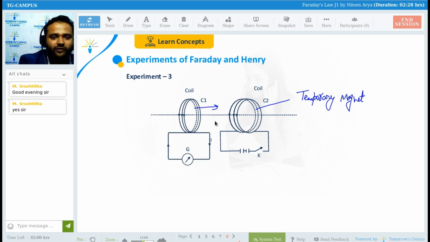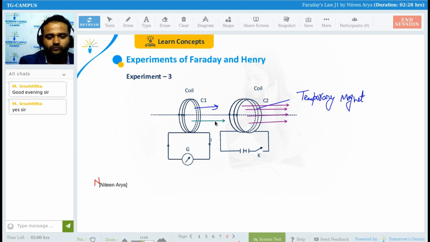Obviously there is a magnetic field in this way. Suppose this is the north. The moment I start moving this particular coil into this region, again I can see the current.